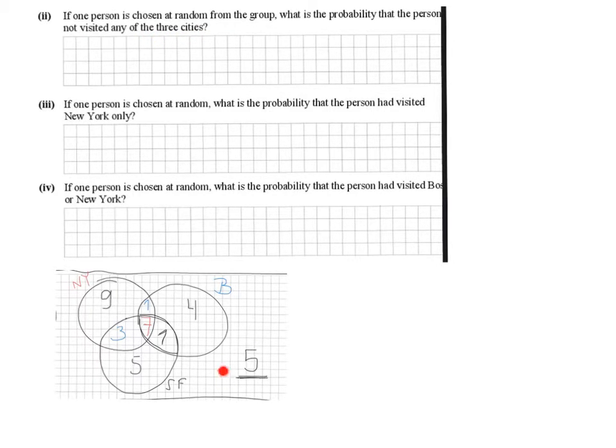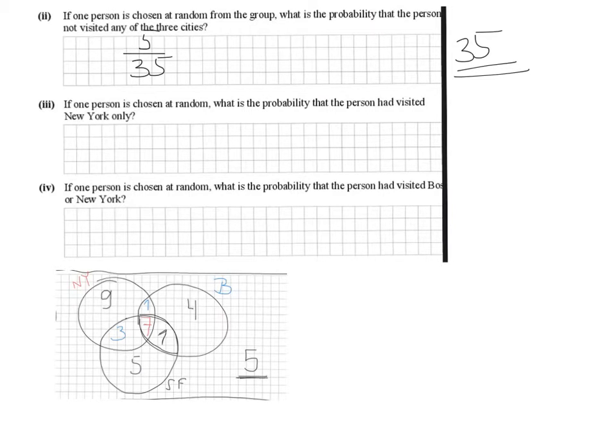So 5 people have not visited any of these 3 cities. 5 is outside the circle. And remember, they're asking what is the probability, and the probability is a fraction, okay? So it's 5 all over 35. We have 35 people all together, okay? So it always goes to the bottom.